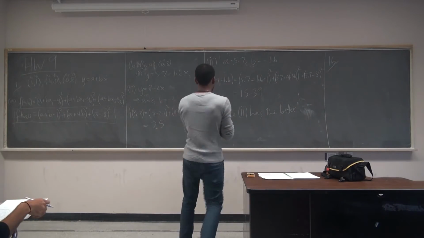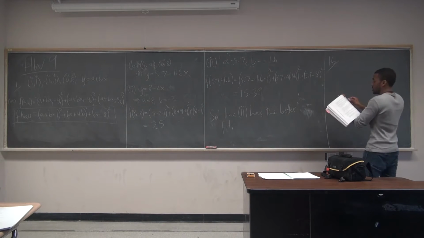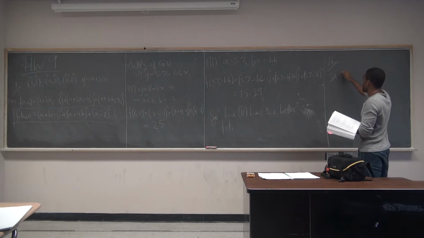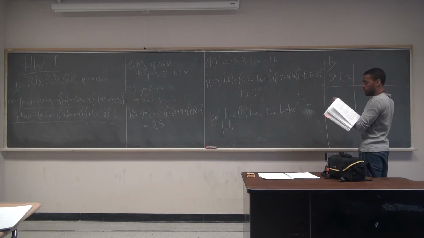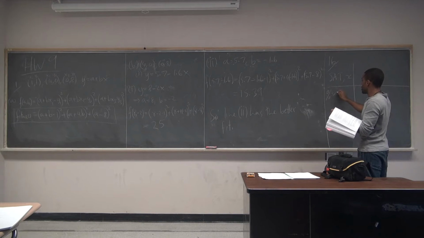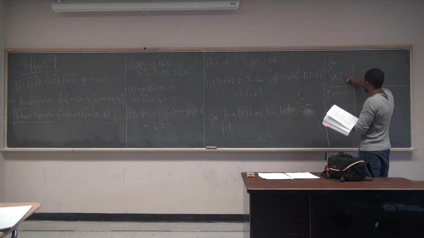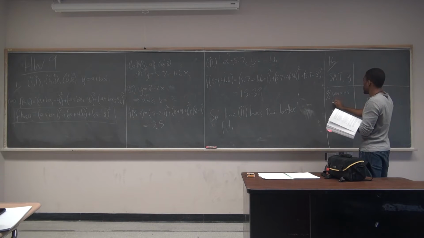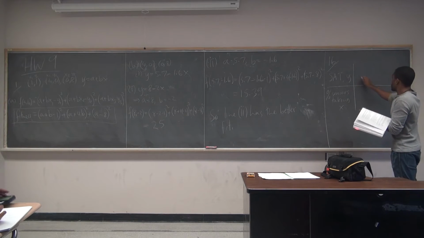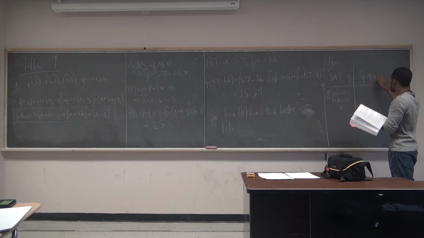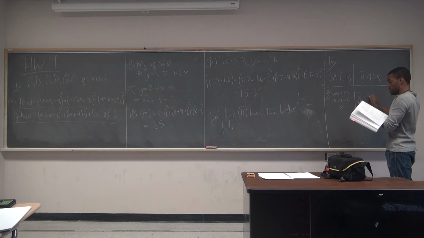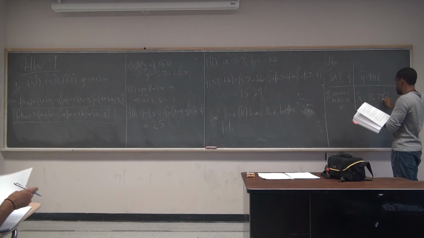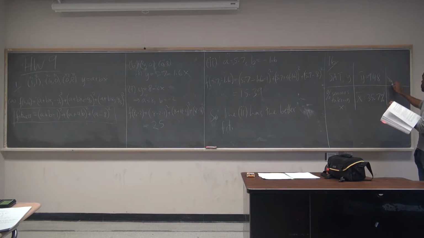All right, so we have SAT scores, which is Y, and the percentage of seniors taking the exam is X. So we know that the mean of Y is 948, the mean of X is 35.7%, the standard deviation of Y is 66, and the standard deviation of X is 27.